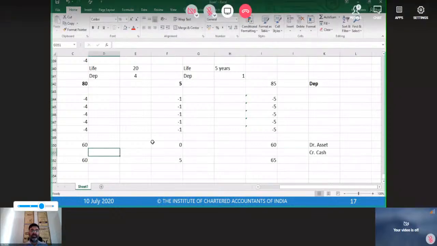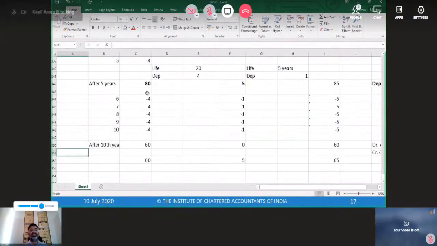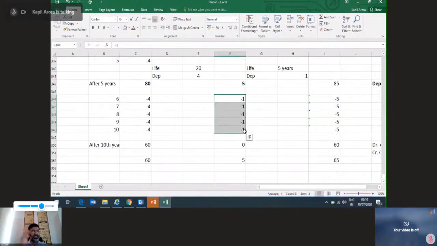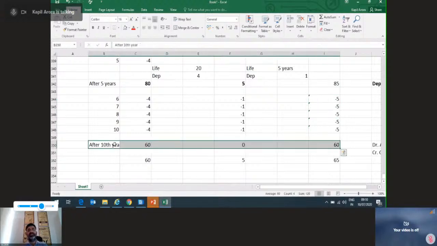So I am explaining it again. So in year 6 to 10th, my depreciation for asset would be minus 4, minus 4, minus 4. Whereas on major overhauling, minus 1, minus 1, minus 1. And total depreciation minus 5. By doing that, after 10th year, value would be 60 plus 0 is this 60.